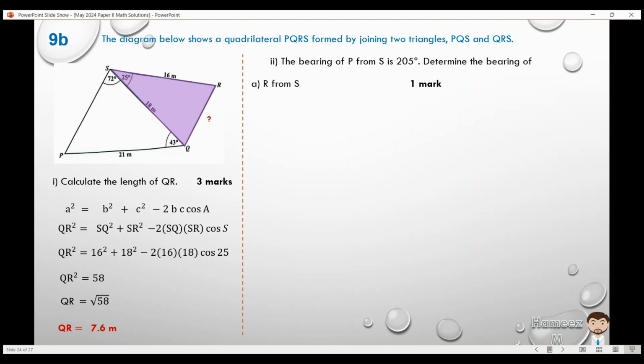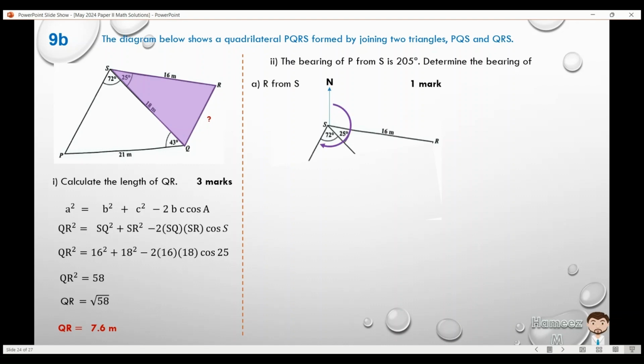Determine the bearing of R from S. So let's extract R and S. R from S means we're standing at S, facing north, and then we're turning until we're facing R. That is the bearing of R from S.